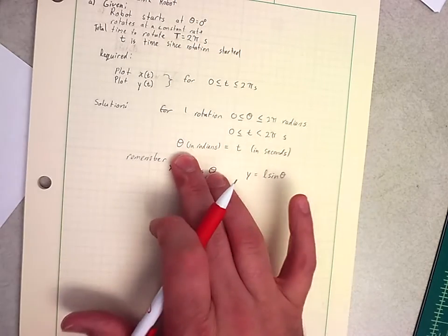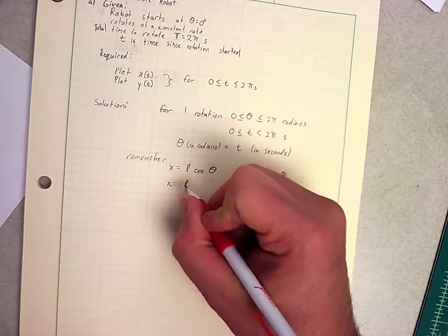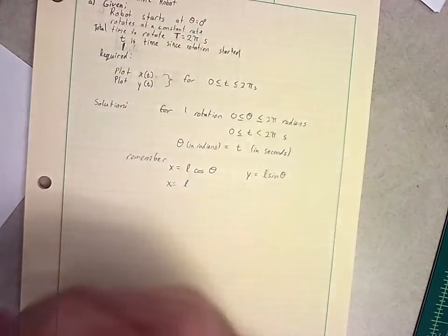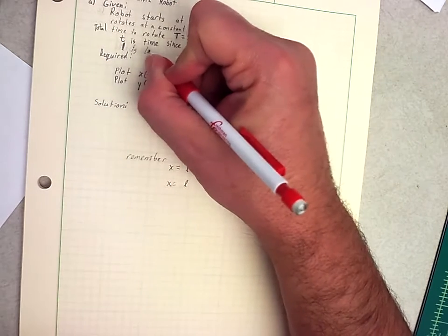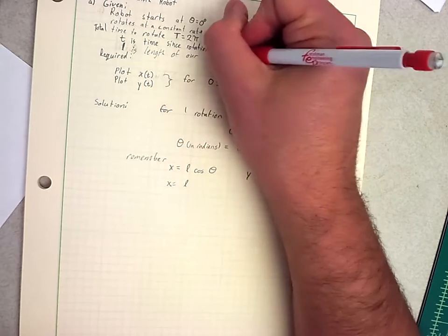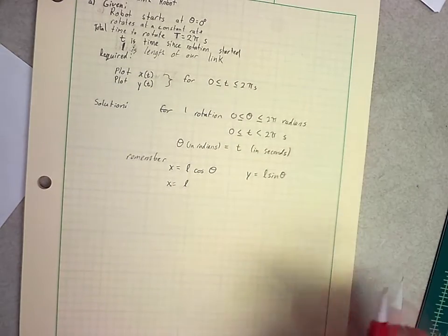If theta is equal to t, then I know that x is going to equal L cosine t. I didn't really define my variables there. L is the length of our link. We don't know exactly what that is. We're just going to keep that as a variable.